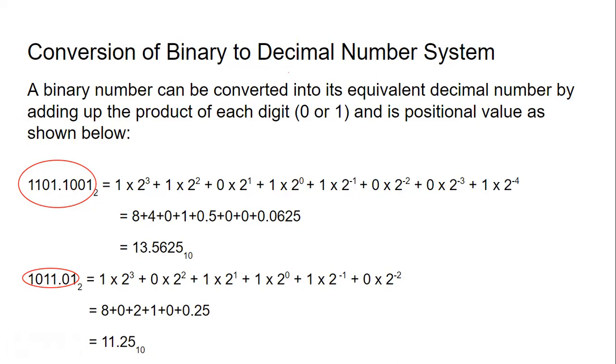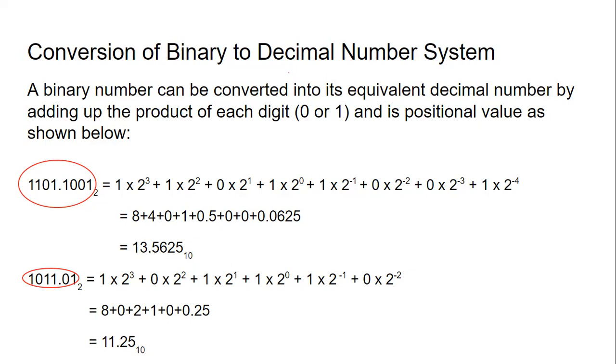Then we totally get 8 plus 4 plus 0 plus 1 plus 0.5 plus 0 plus 0 plus 0.0625. Now we add up all of these. Then we get 13.5625. So this is the conversion of binary number system into decimal number system.